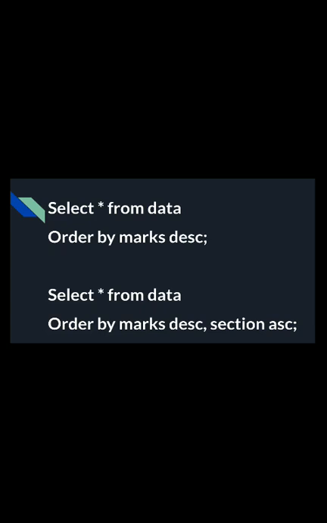Then for section B the same thing should happen, then for section C. So what to do? We write SELECT * FROM data ORDER BY marks DESC, section ASC. So marks should be in descending order and sections in ascending order.